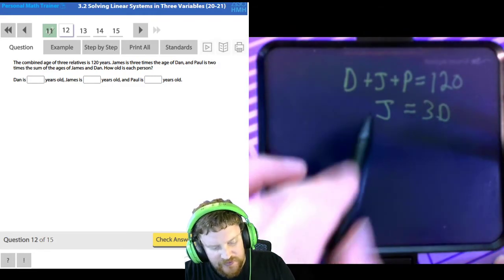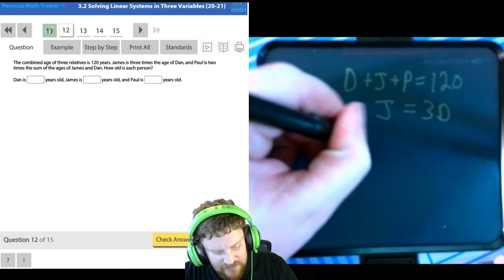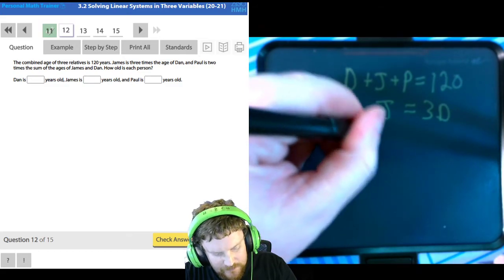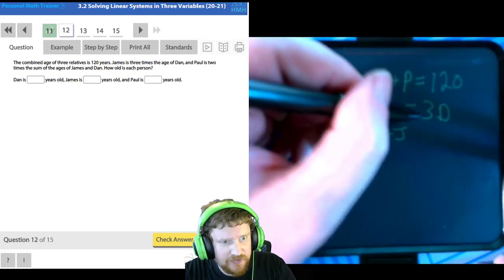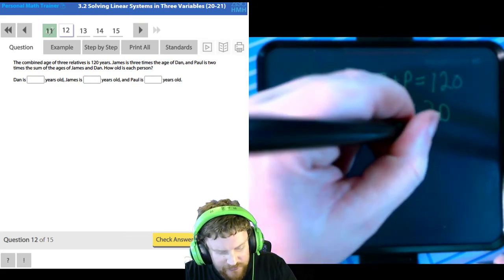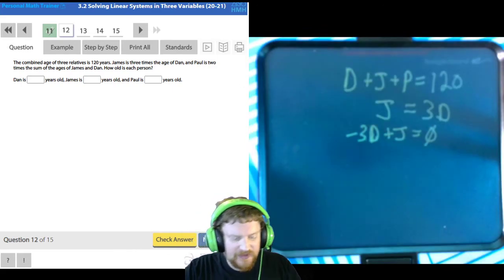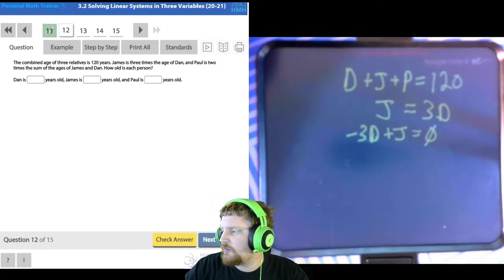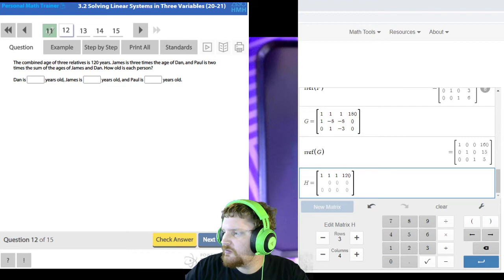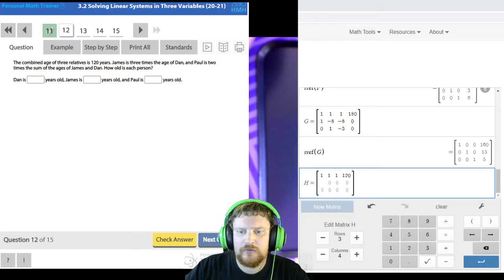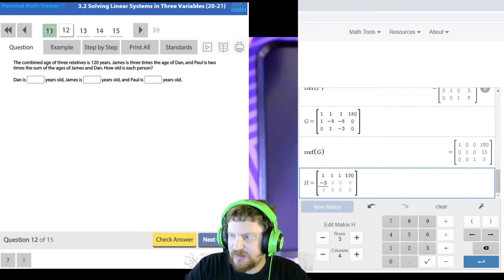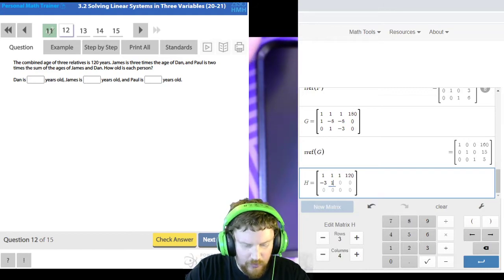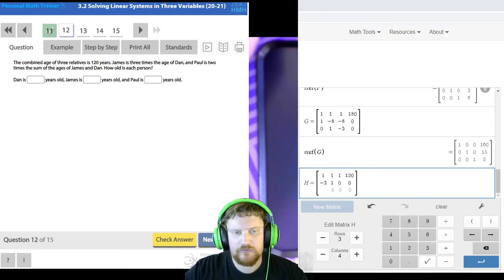So, moving the 3D to the other side, that's negative 3D plus J, which was James, equals 0 because we moved everything from that side. So we can get that one plugged into Desmos. We have negative 3D plus 1J plus 0P equals 0.